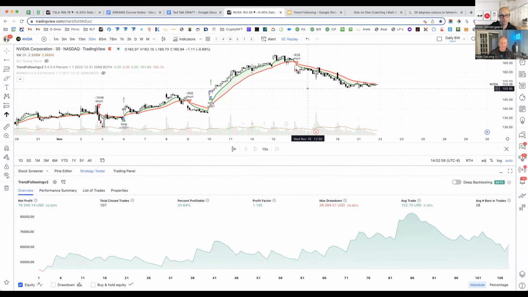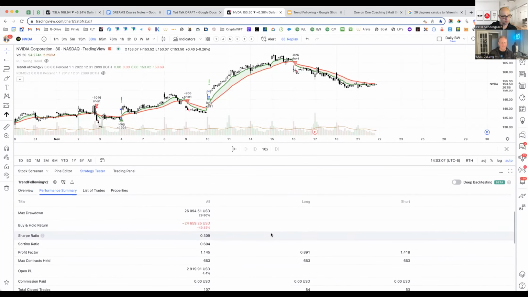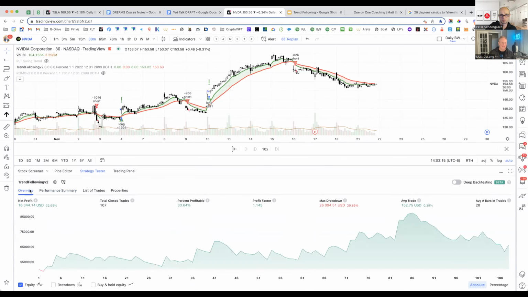This is only realized gain, so you'll recognize that we're short right now and going lower. There's an open P&L of about 4% on this lower move that hasn't yet been closed and added to this running tally.